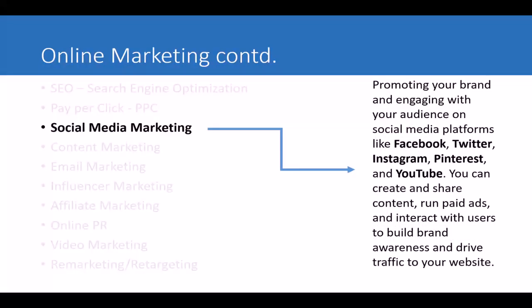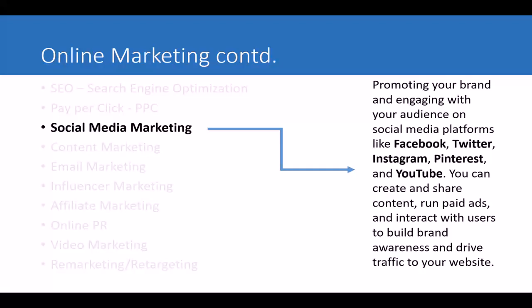Now the next aspect of online marketing is social media marketing. You can leverage one of these social networks, run ads on them, and get clicks to your product pages on your print-on-demand website.